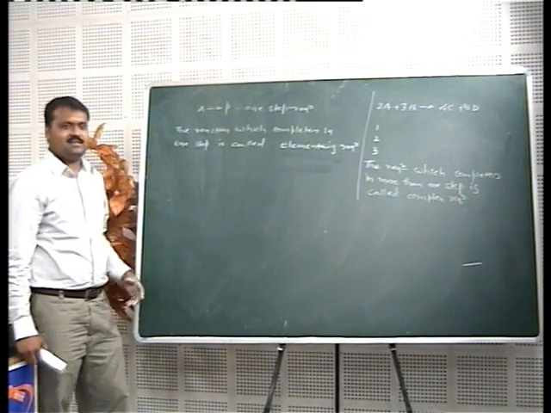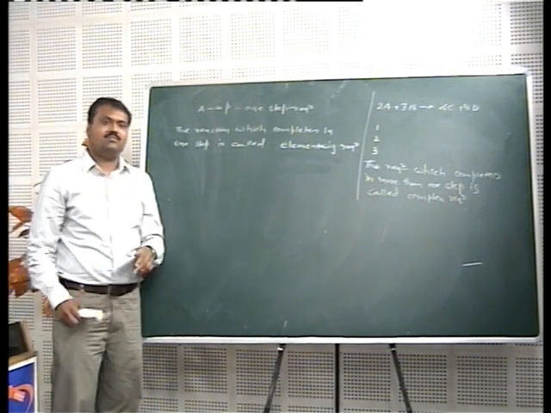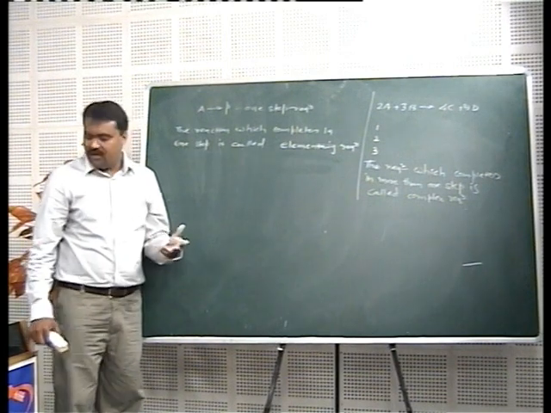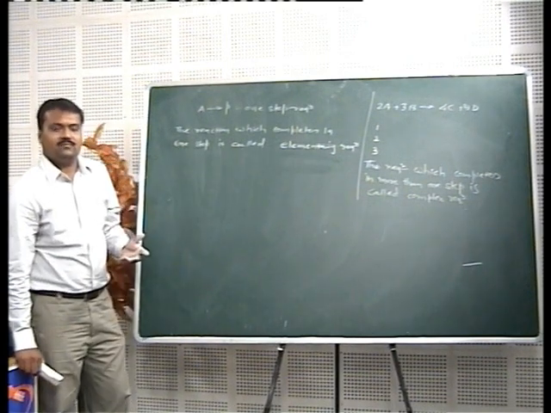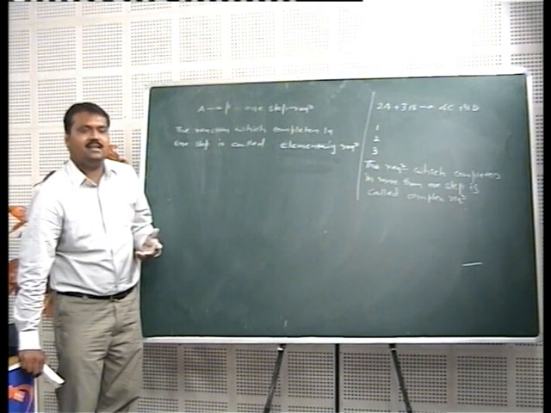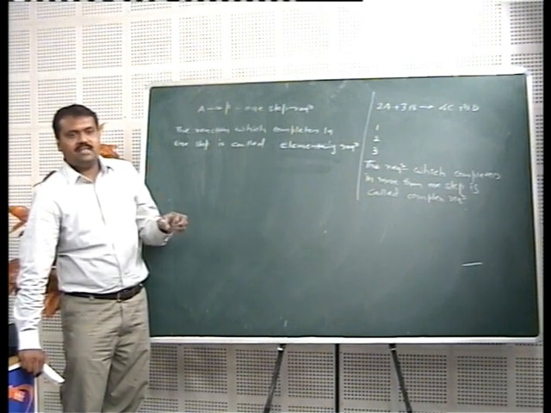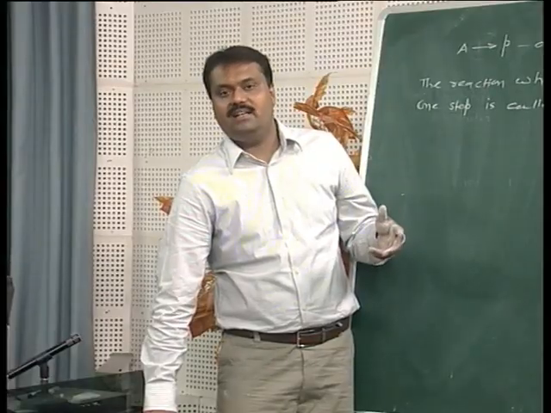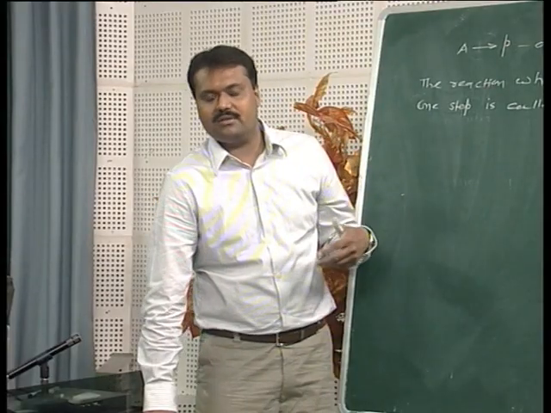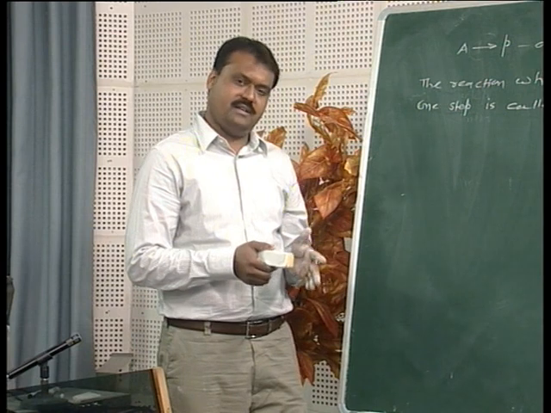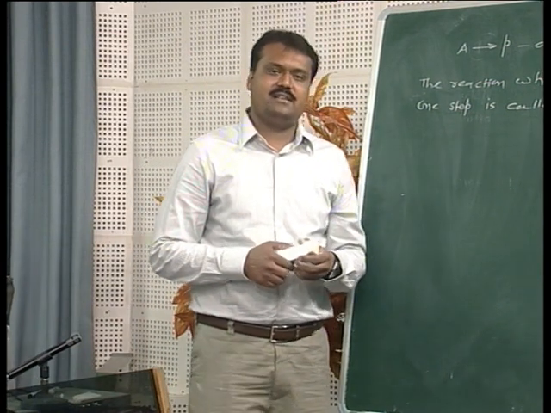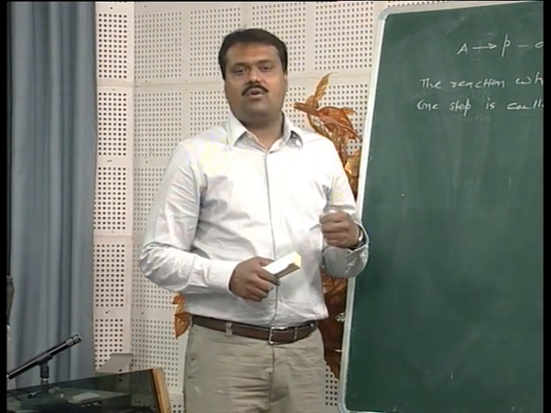Some elementary reactions are ones in which only one reactant molecule is involved. Some are there in which two reactant molecules are involved, and some are there in which three reactant molecules are involved. So the number of reacting molecules that are involved in any elementary reaction, or the number of reactant molecules that participated in any elementary reaction, is called its molecularity.